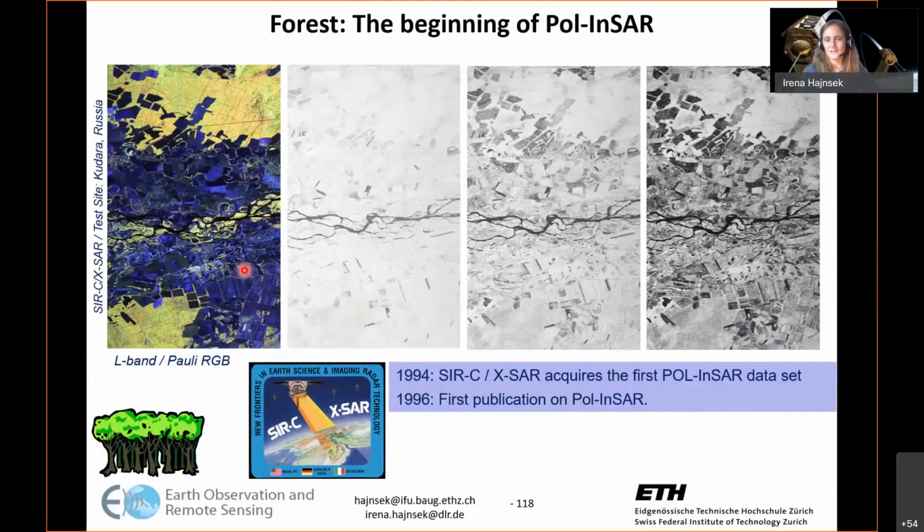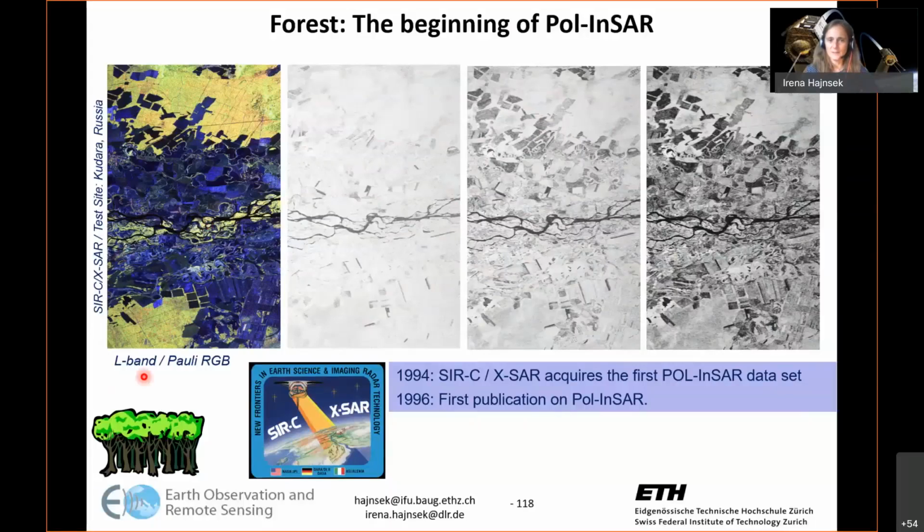So everything started actually with the SIR-C/X-SAR campaign, which was a shuttle campaign from NASA, and they had the first very nice image of this Kudara test site, which is in Russia, with the Selenga River here in the middle and two big forest parts, here on the upper and the lower part.